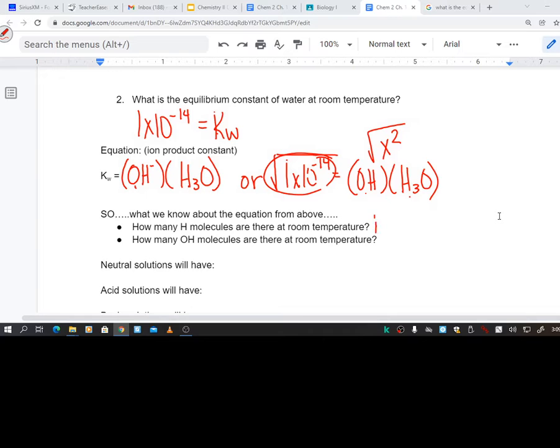But when I plug this in, it's 1 times 10 to the negative 7 for each one, because they're the same. So they're going to be the same in pure water anyway. Remember, we're dealing with pure water right now. We don't always have pure water, and then this OH will be different than this H3O. So we're just looking at pure water.